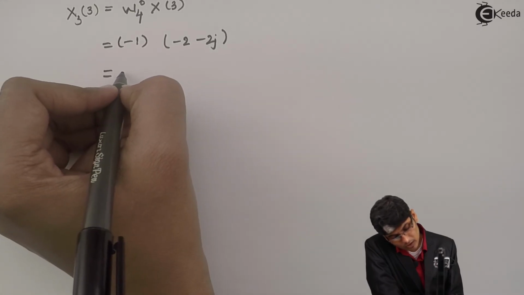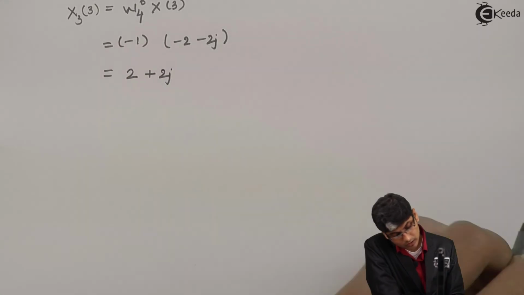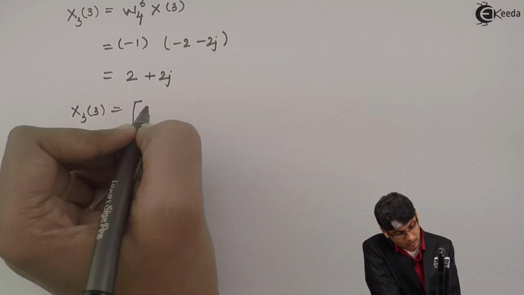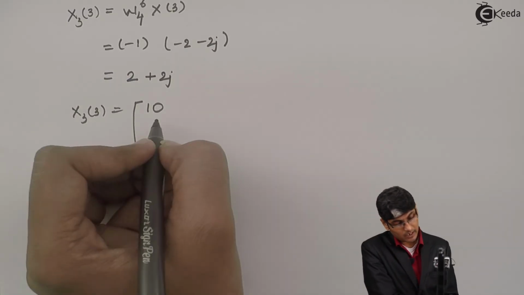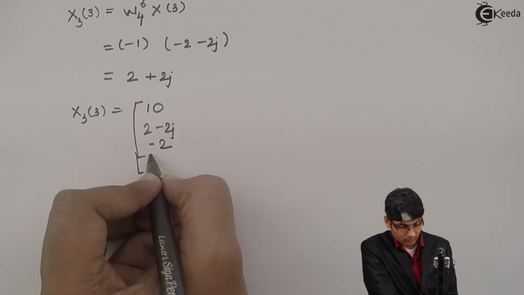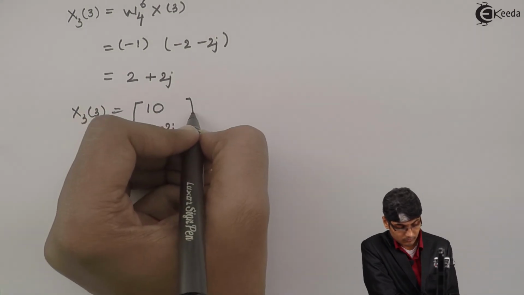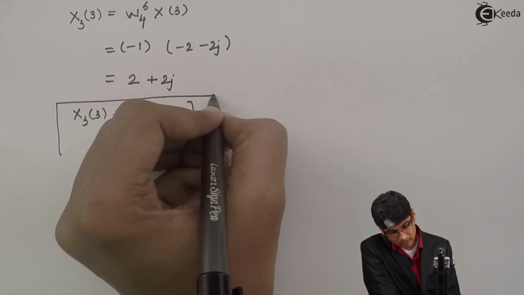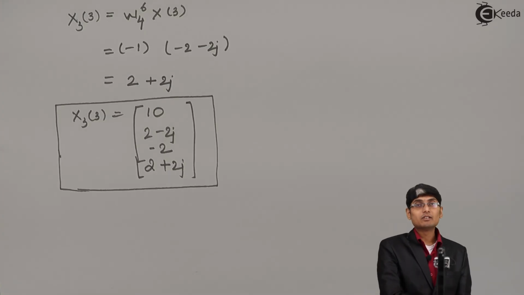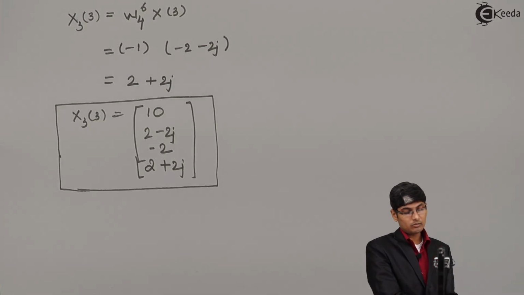So, that will give me 2 plus 2j. Okay. Therefore, I can write x2 of k equals to 10, then we have 2 minus 2j, then we have minus 2 and finally, we have 2 plus 2j. That is my x2 of k. So, in this manner we have found 3 sequences output without actually using the definition of DFT.